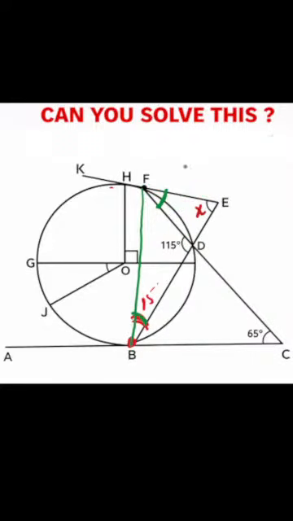Vivi, is it clear? Because this angle is 15, this is going to be the same as this angle, right? This is the chord and this is the tangent. So the angle between chord and tangent is again going to be 15.